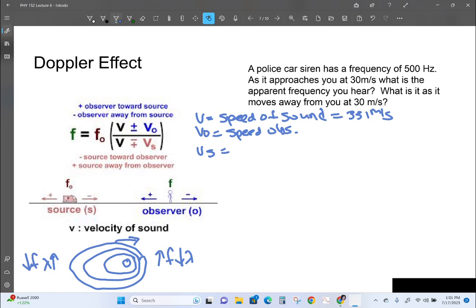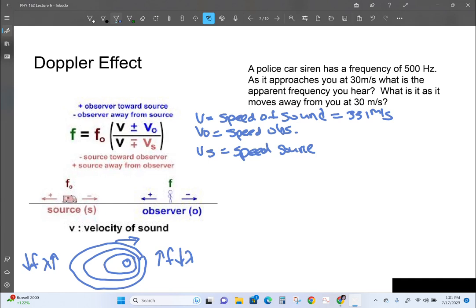And VS is the speed of the source that's producing the sound. So these are velocities, so we need to know which way the object is going. So if the source is going towards the observer, you're going to use a negative. You're going to subtract off the source. And if it is moving away from the observer, you're going to add it on the bottom.